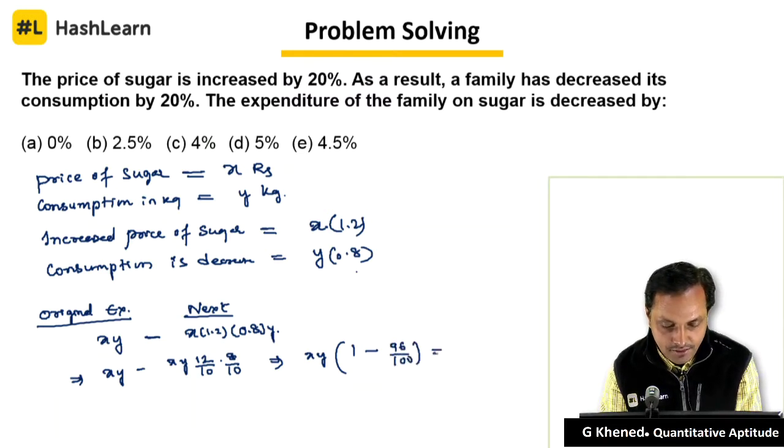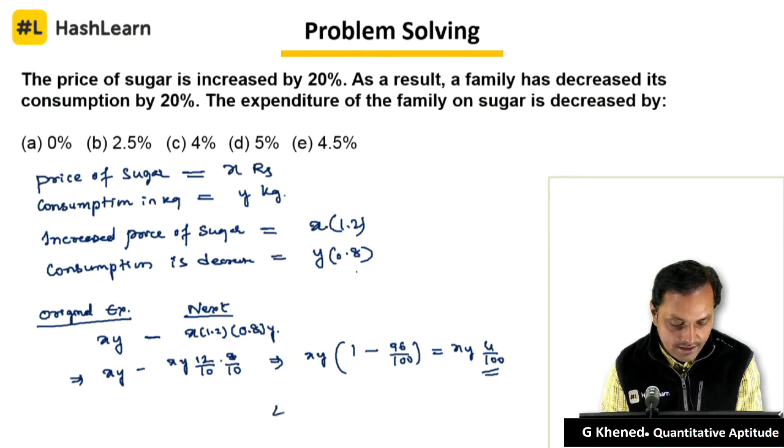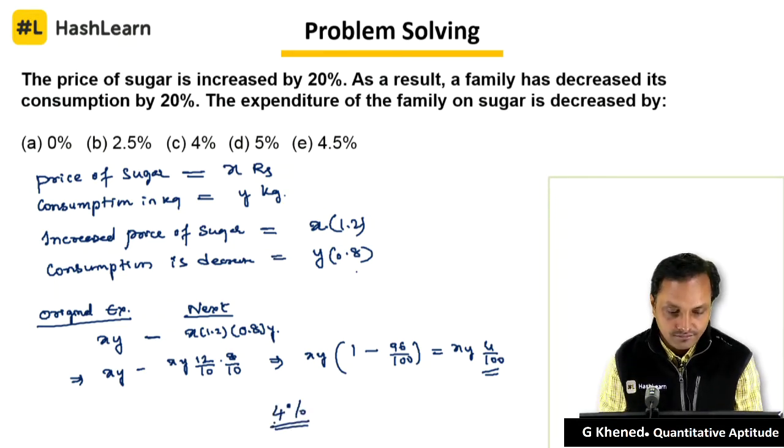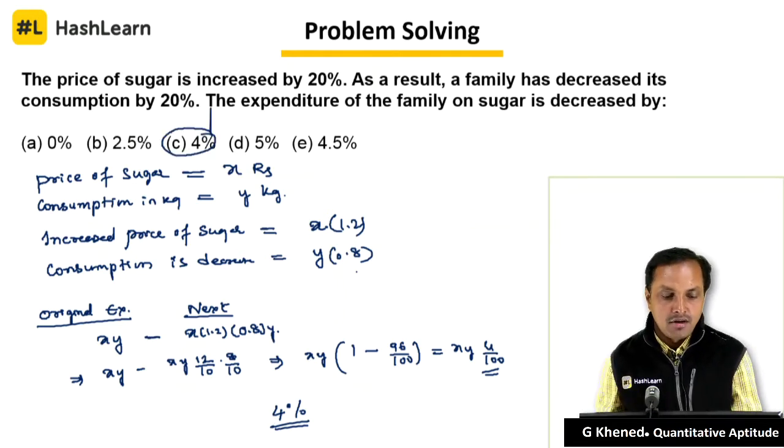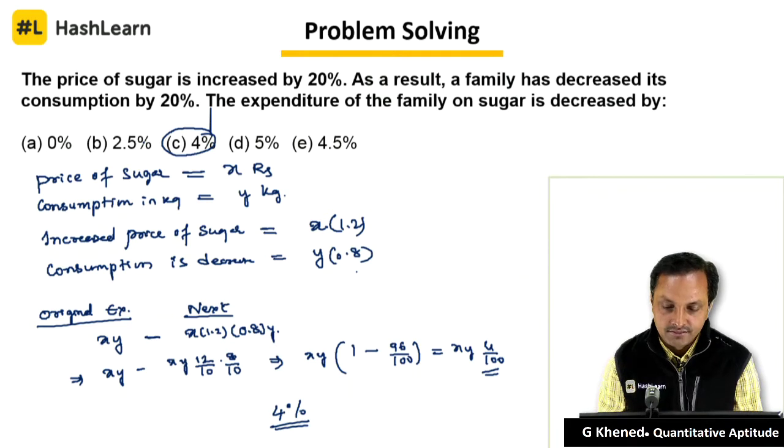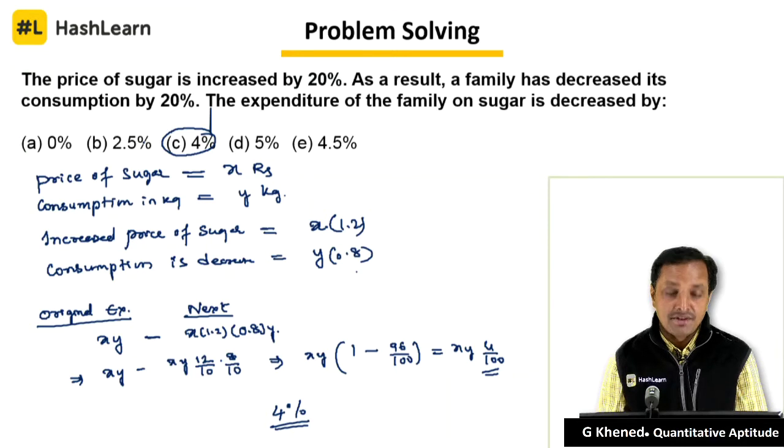So what does that give you? X into Y, that will give you 4 by 100. So 4 by 100 is nothing but 4%, which is option C. Therefore, the expenditure of the family on the sugar is decreased by 4%.